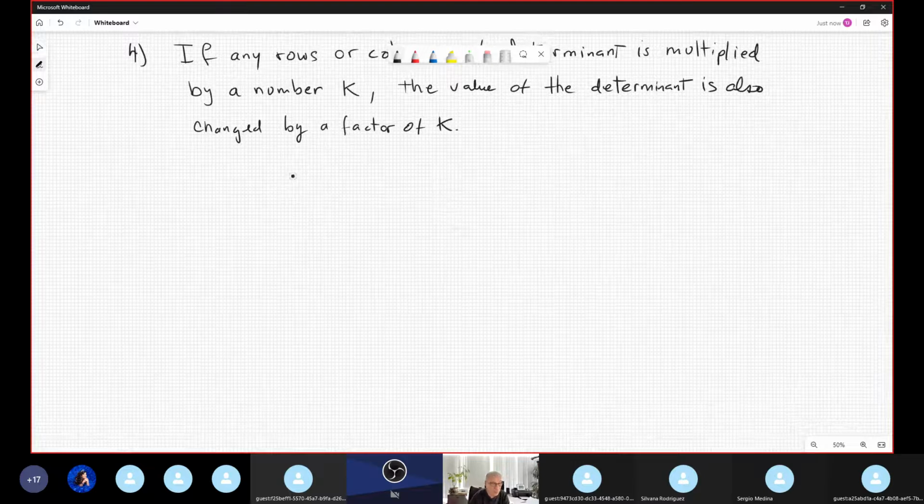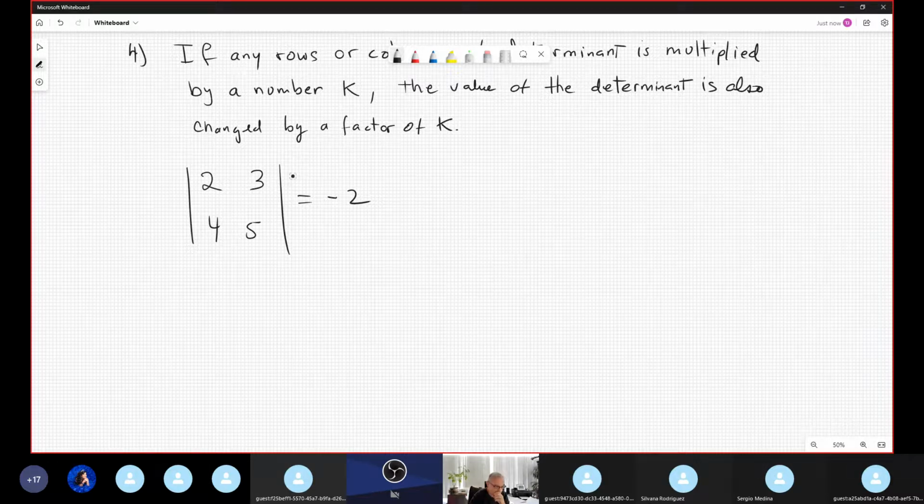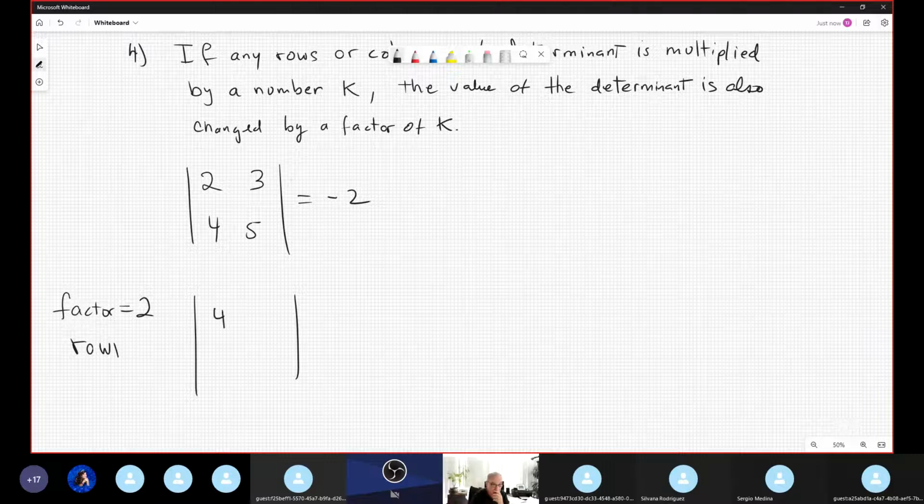Suppose you have again one determinant, easy: 2, 3, 4, 5. I did it before and the answer was -2. Now suppose I multiply by an arbitrary factor equal to 2 the row 1. You say 2 times 2 is 4 and 3 times 2 is 6.